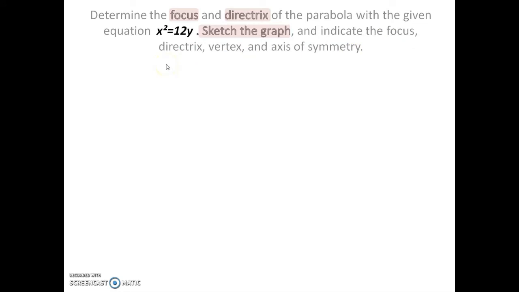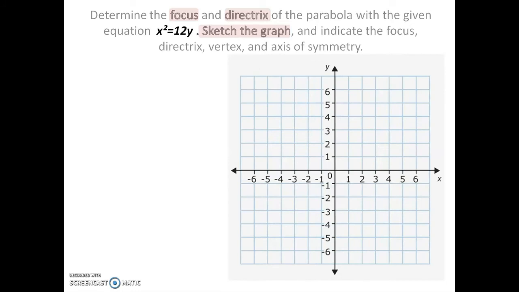So first, we need to have the coordinate plane and plot the vertex at the origin. And we all know that the vertex has coordinates (0, 0). The standard equation that we will use for the horizontal directrix is x squared equals 4py.